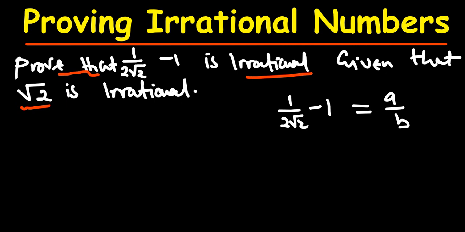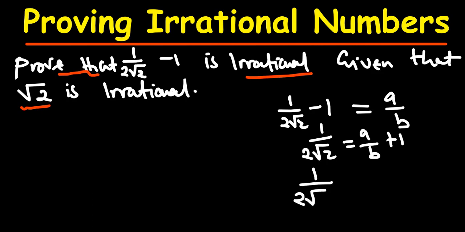So what are we going to do? We're going to say 1 over 2 root of 2, and then on the other side we have a over b plus 1. So we still have 1 over 2 root of 2 is equal to a over b plus 1, so let's add this. b is the common denominator, so there we have a plus 1 times b, which is b, so we have a plus b over b.